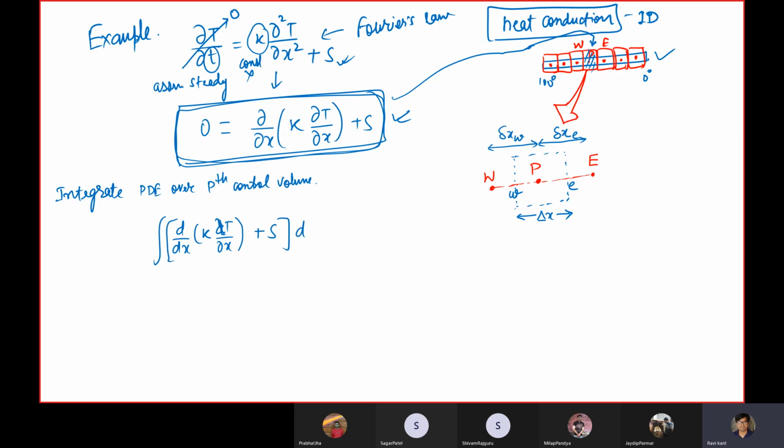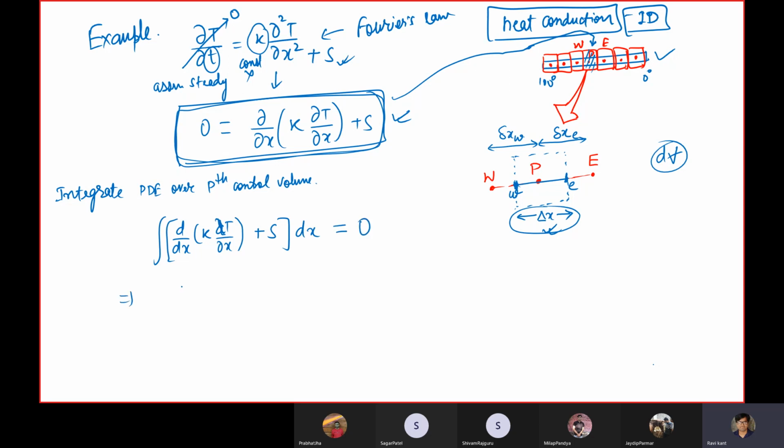Generally we take dV, but here we can take dx, since it is one dimensional. My whole length lies from here to here, so we integrate from this to this, and this length is delta x. This is equal to 0.